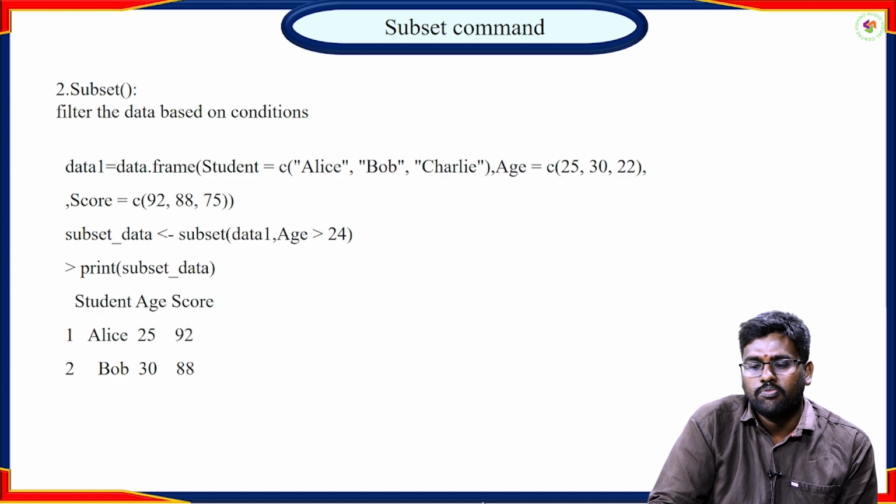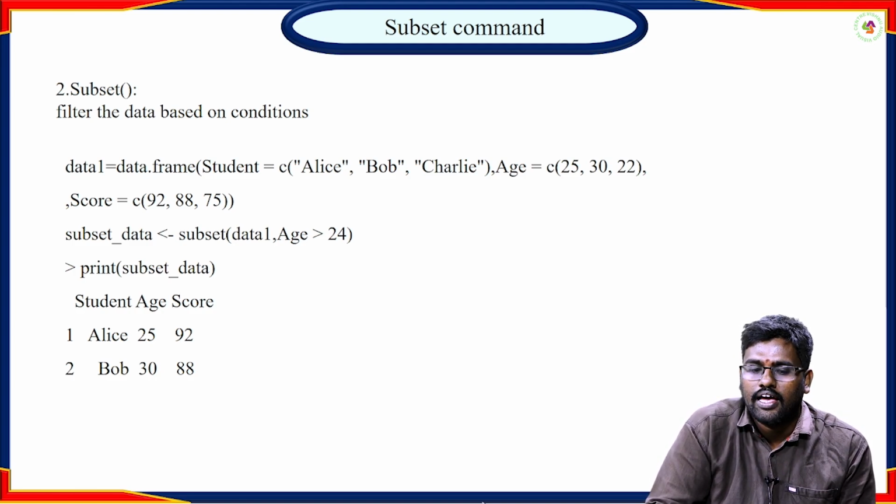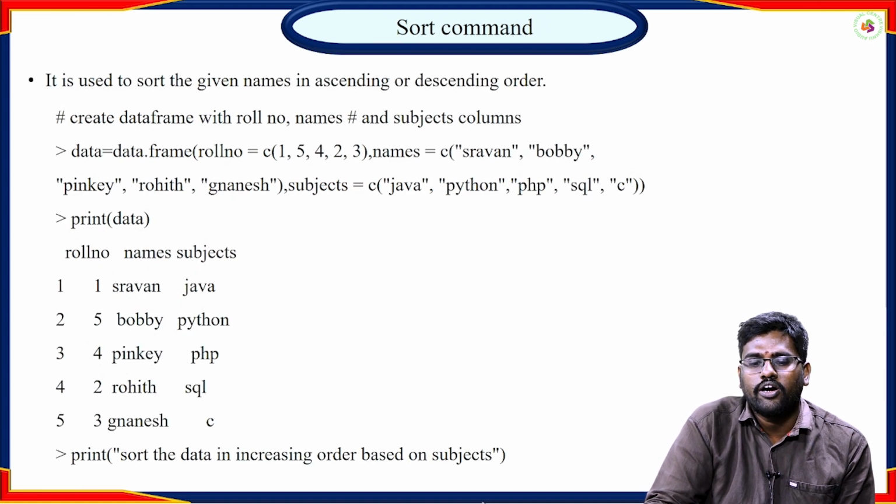For greater than 24, only 25 and 30, that means Alice and Bob, with ages 25 and 30 and scores 90 and 88. Those values are printed like this. This is about subset. It is used to print whatever required rows we need out of all the rows.